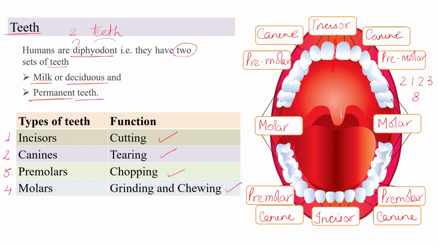And the similar set of teeth on the other side, that is 2 incisors, 1 canine, 2 premolars, and 3 molars. That is 2, 1, 2, 3. That is 8, having 16 teeth on the upper jaw, and in the similar manner 16 teeth, 8 on either side on the lower jaw. That is total 32.